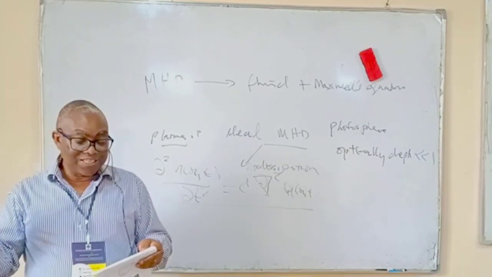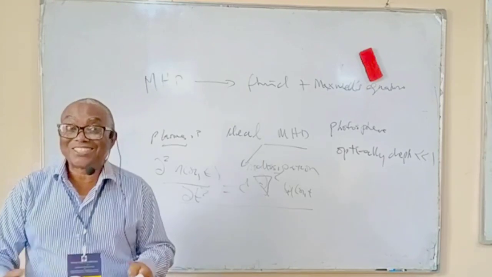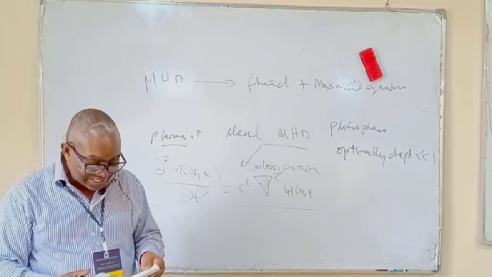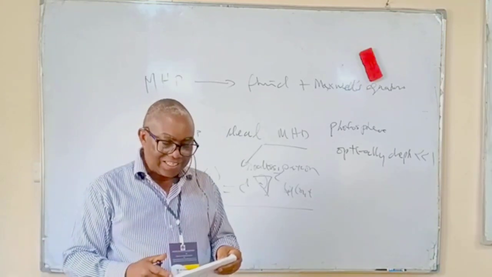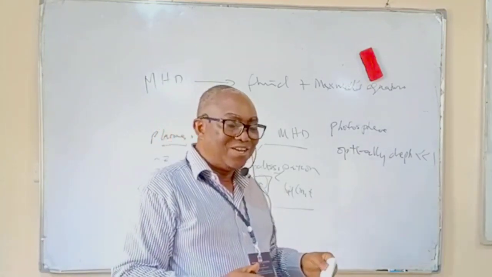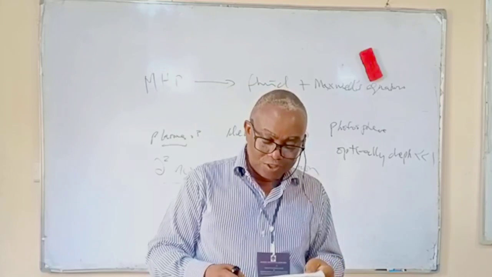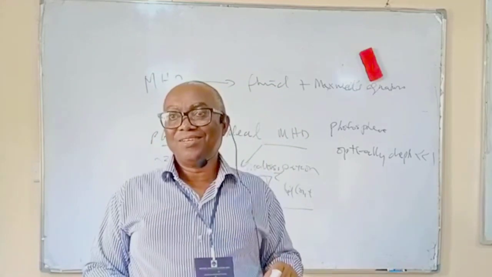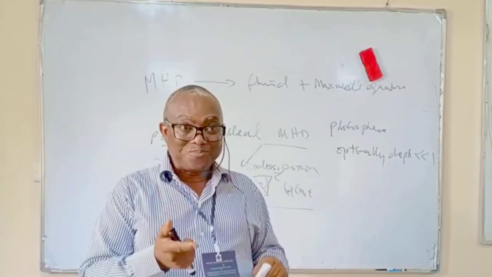So it passes easily without what? Scattering. And that layer is the photosphere. 1/3 of the photons will pass through this unhindered, and that is why we can see them.